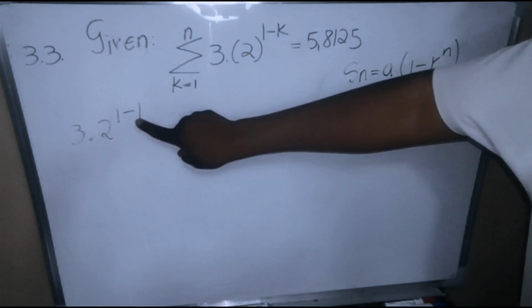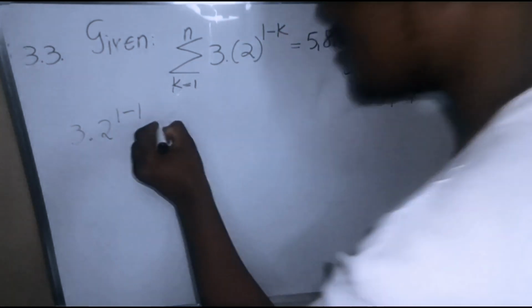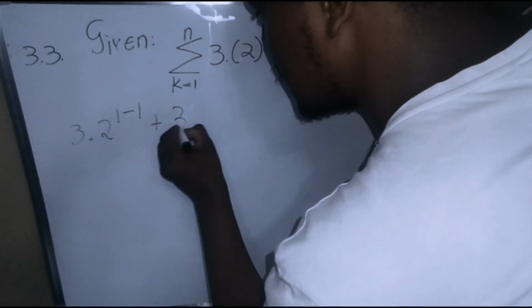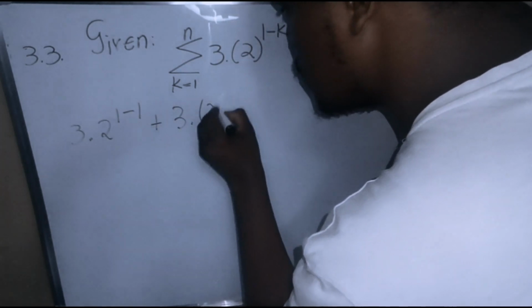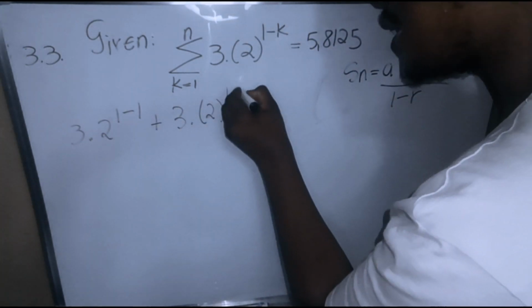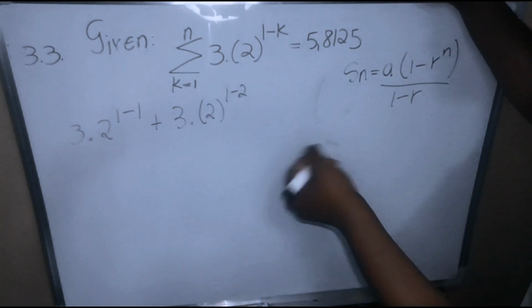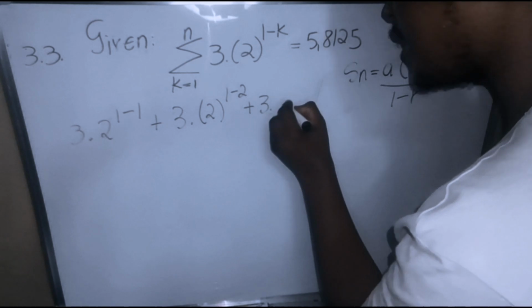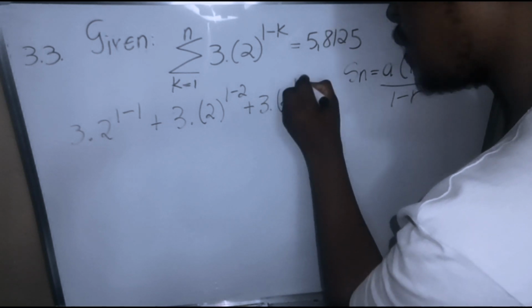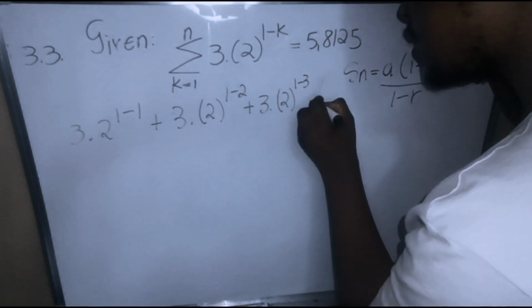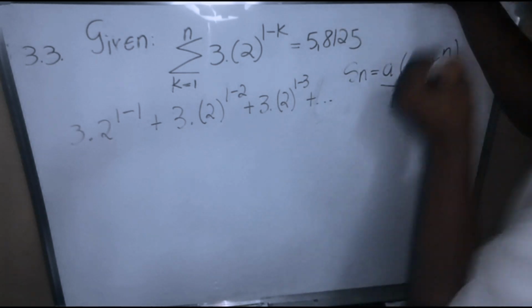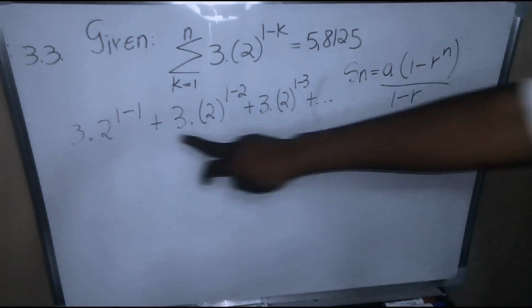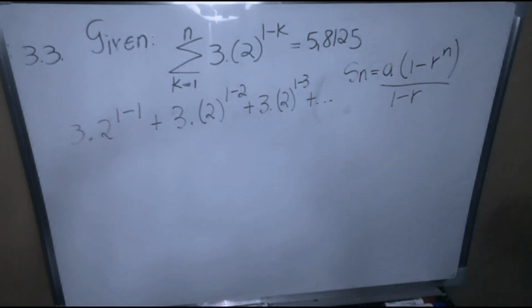Plus 3 multiplied by 2 to the power 1 minus 2. Plus 3 multiplied by 2 to the power 1 minus 3. Then plus, etcetera. We start from 1, 2, 3 and go forward.